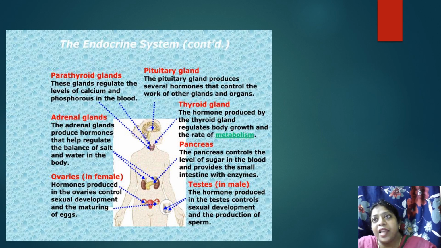Before we end the session for today's class, let's see some important facts about our brain. It is said that 60% of the human brain is made of fats. This is one of the interesting facts about our brain.